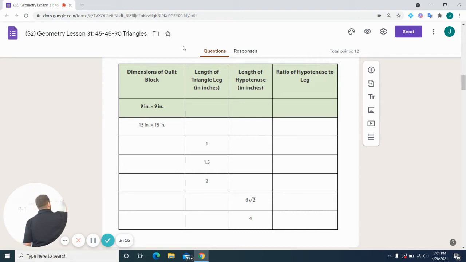Okay, so let me make this big, and I'll work through what we're trying to do here.